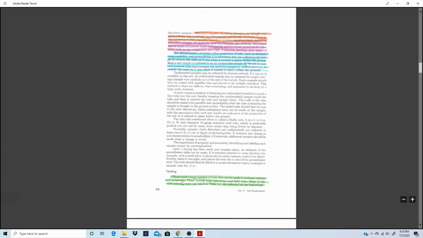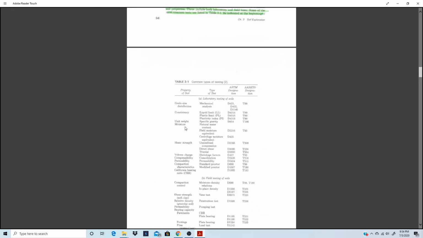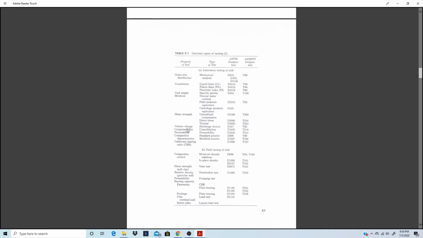So there exists a large number of tests that can be evaluated for various properties, and they include both laboratory and field tests. Some of the most common ones are listed in this table. Here are some of the tests that we could do: unit weight, consistency, grain size, which you've done, and compaction characteristics.